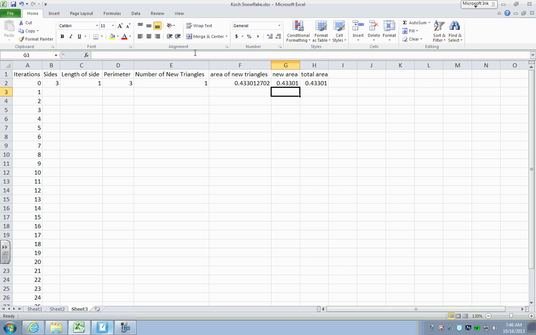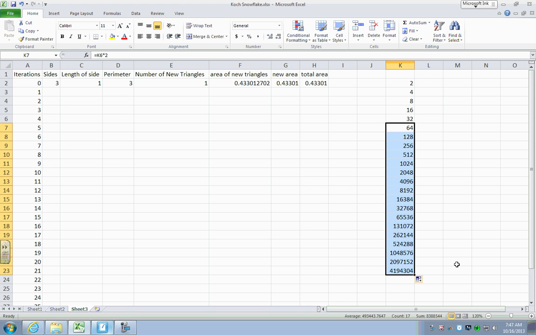Some shortcuts to help you out. Let's say you had a pattern 2, 4, 8, 16, 32. We've seen that all quarter. Clearly, we're multiplying by 2 every time. Here's what Excel will let you do. So this one should be 64, or 2 times the previous one. So if you hit equals this cell times 2, and you drag this down, it'll do that for you.